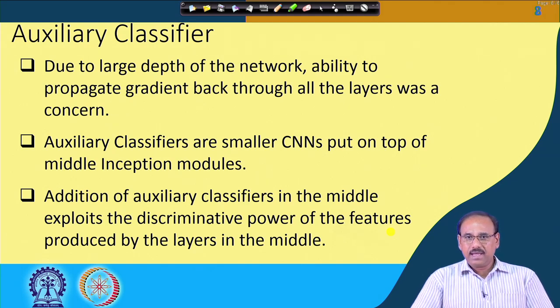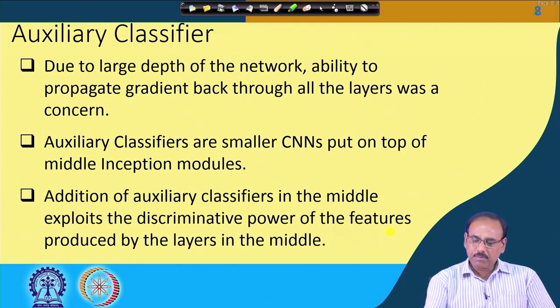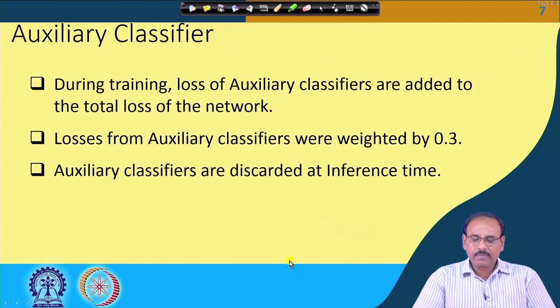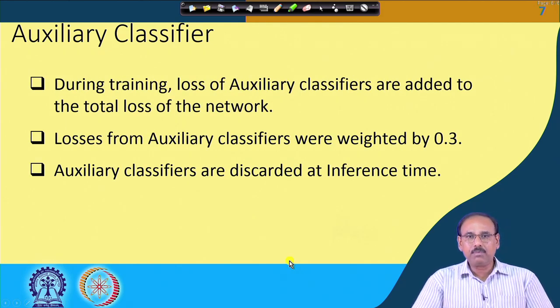So as they are classifiers, they will also give a classification error, and these classification errors are computed from the middle level inception modules. So when you are performing the backpropagation learning, the loss computed from these auxiliary classifiers is added to the total loss of the network.